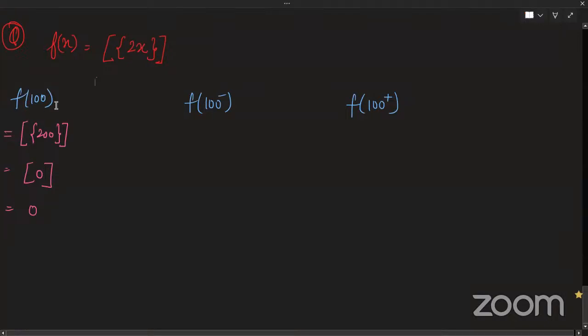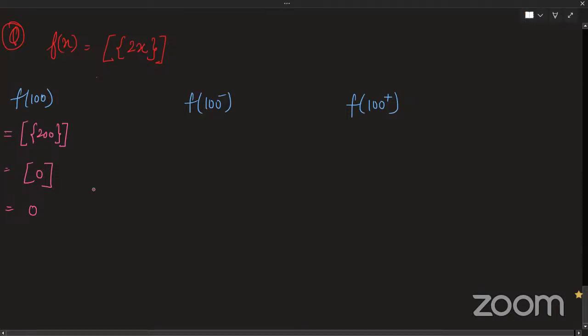I'm asking you the value of f of 100, so just directly input the value of 100. It will be greatest integer function of the fractional part of 200. What is the fractional part of 200? 0. So greatest integer function of 0 is 0.